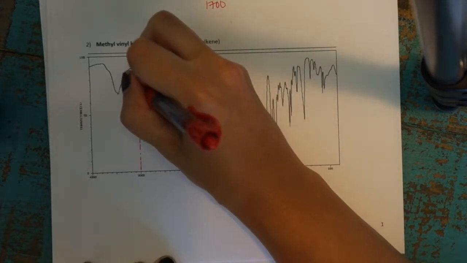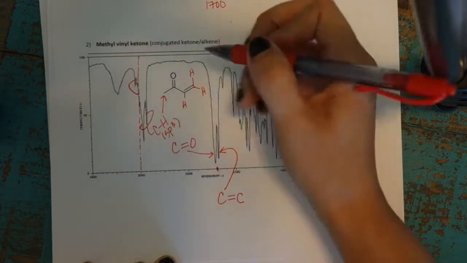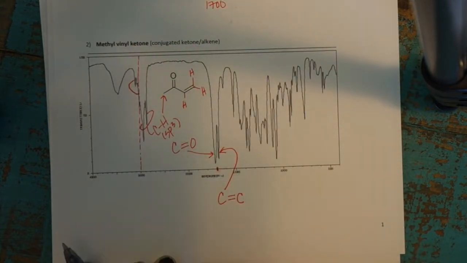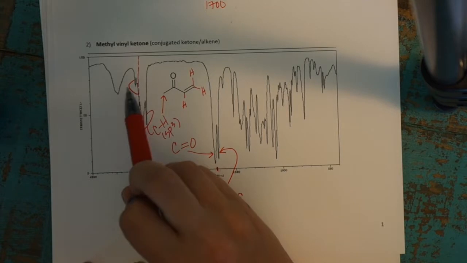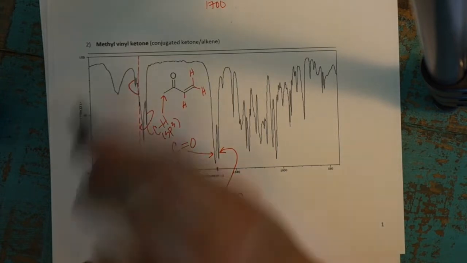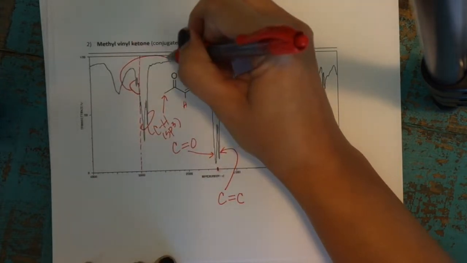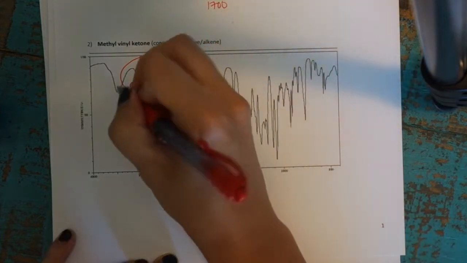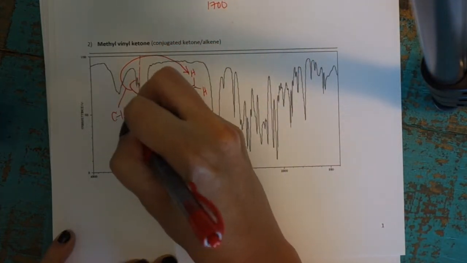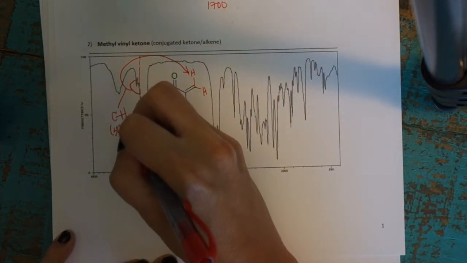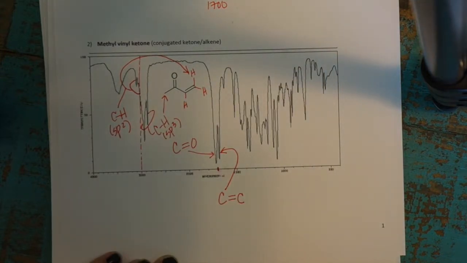But then we also have some stretching over here. It's not always clear, not always a nice long peak. Sometimes it's a little cluster or just a little bit of a peak over there. That's correlating to the CHs from the sp2 carbons, so the vinyl CH peaks.